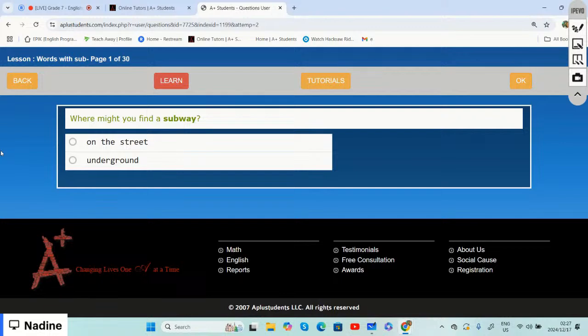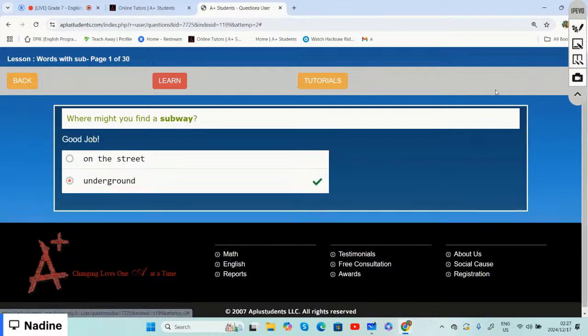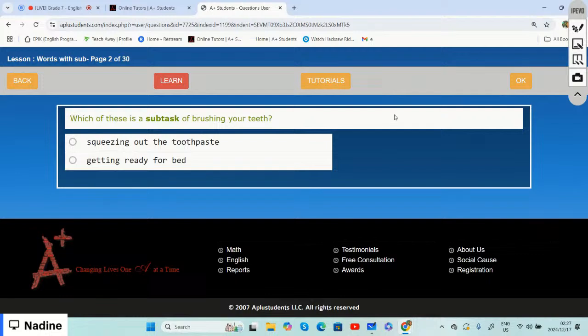And if we look at the answer, a subway you'll find underground, because it's subway, it's under. It's under the street basically.